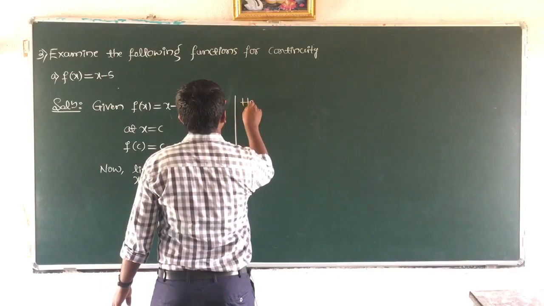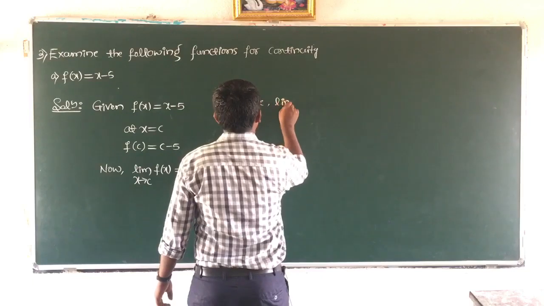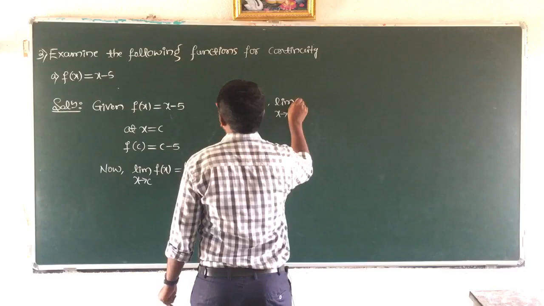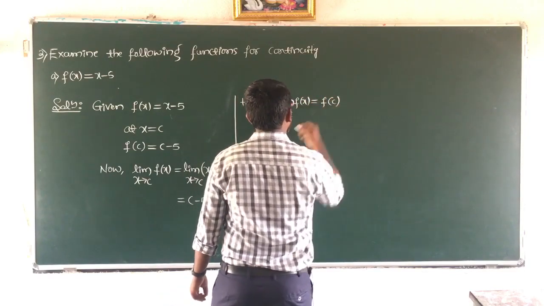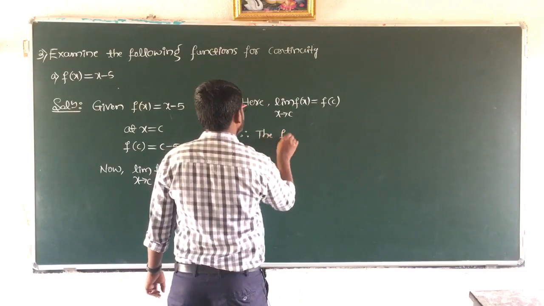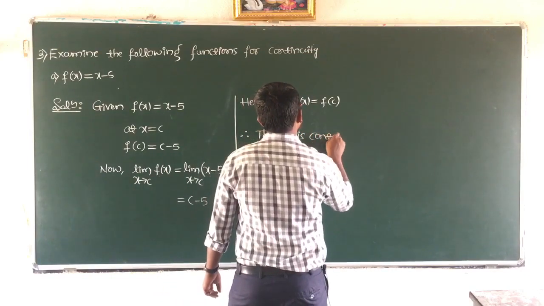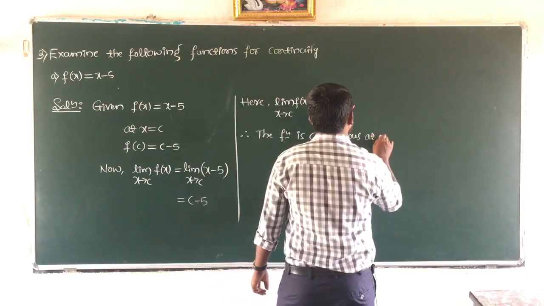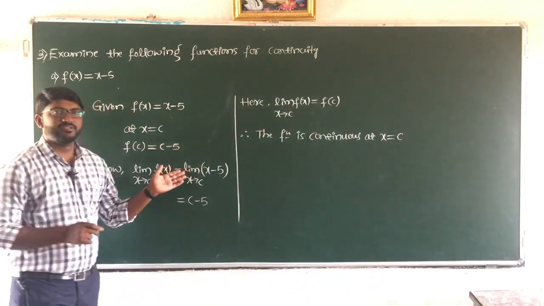Here limit x tends to c f of x is equal to f of c. Therefore, the function is continuous at x equal to c. So this is all about the first sub question in the third main.